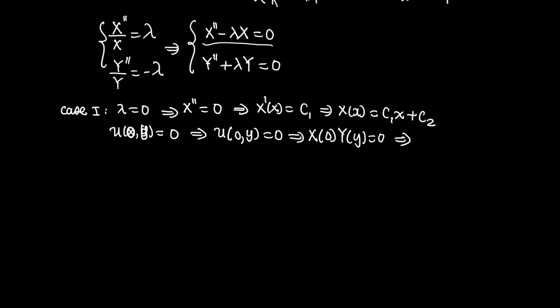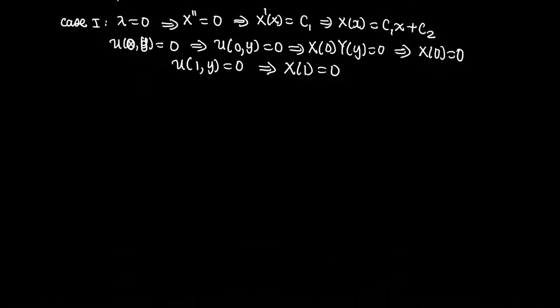That implies that X(0) is just equal to 0. Then for the other condition, u(1, y) equal to 0, doing the same thing, I just end up with X(1) equal to 0. So I'm going to use this to find c1 and c2.